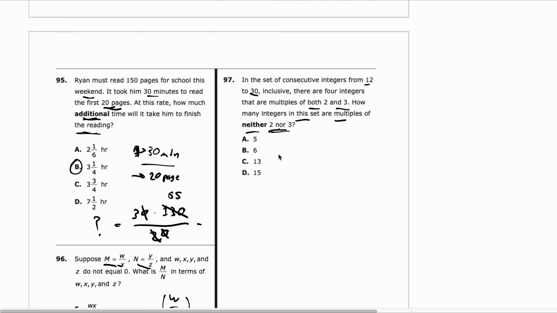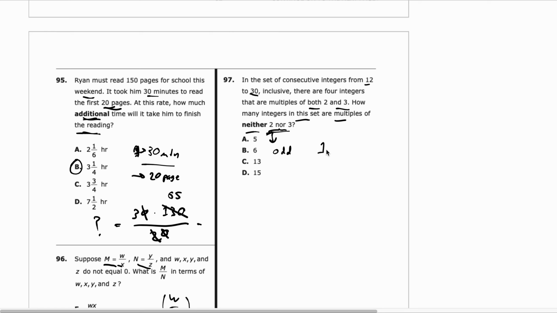So let's think of a better approach. Well, if it's not a multiple of 2, it must be odd, right? Actually, here's how I'm going to do this.